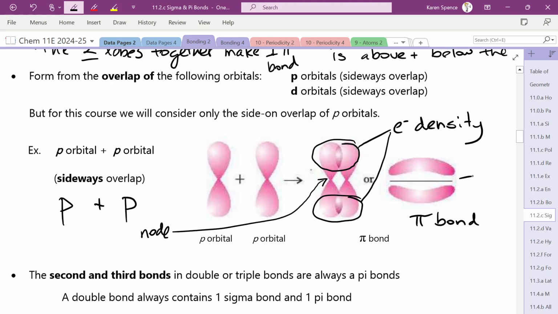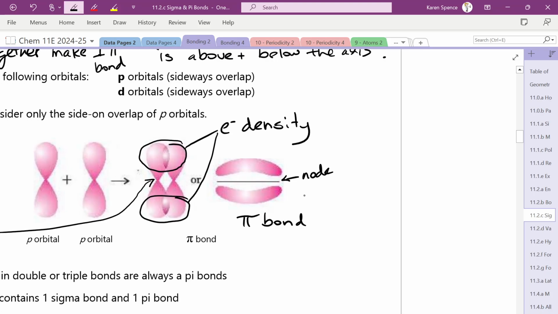We have a node along the axis. This is one pi bond. Each pi bond has two lobes, yes?